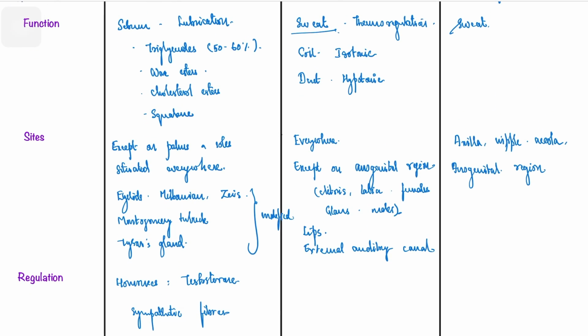And eccrine glands are controlled by hormones like ADH, antidiuretic hormone, and aldosterone, and they're controlled by the hypothalamus, the preoptic center, and they're innervated by sympathetic fibers, but the mediator is acetylcholine.